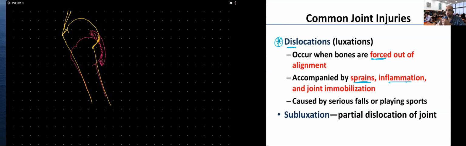And this stretch might cause the ligaments to be torn or just get inflamed. And if I have inflammation of the tendons and ligaments around a specific joint, whenever I try to move this joint, I will feel pain. So this is going to result in joint immobilization. I can't move my arm because simply I have inflamed ligaments and tendons due to the dislocation.